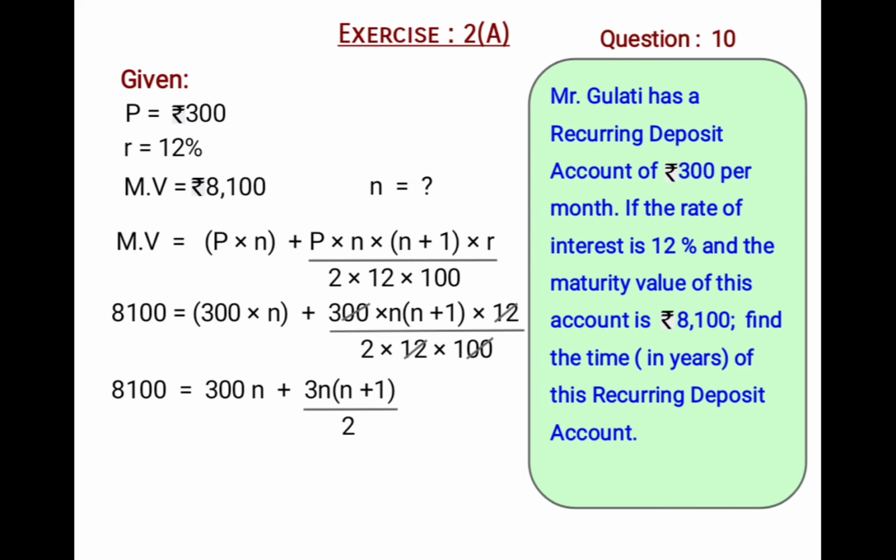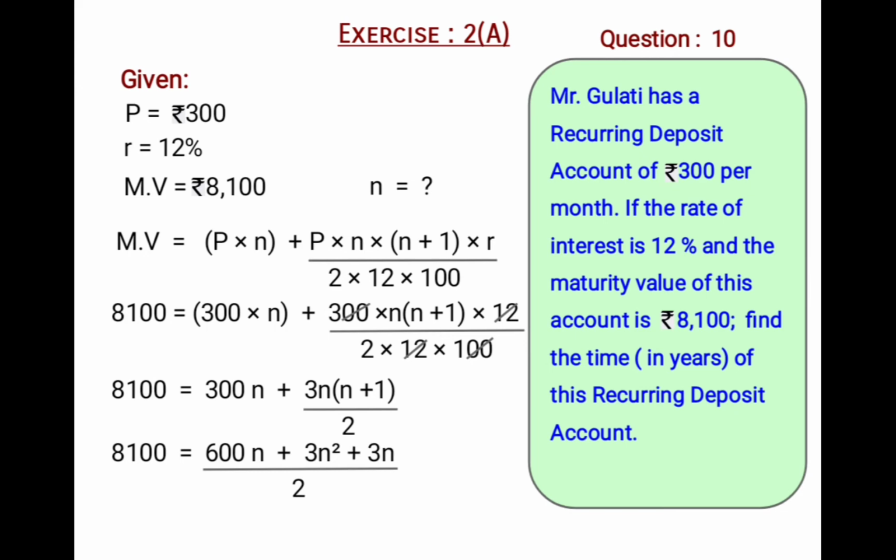For further simplification, I am taking LCM. 8,100 is equal to, the LCM is 2, 300n into 2 is 600n plus 3n into n, 3n square plus 3n into 1, 3n.